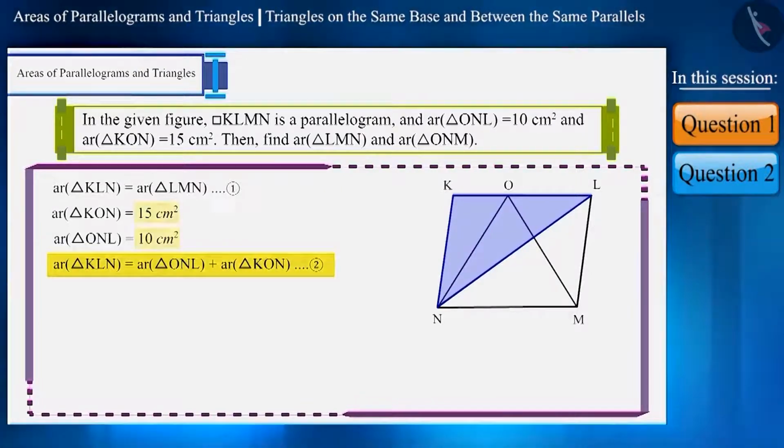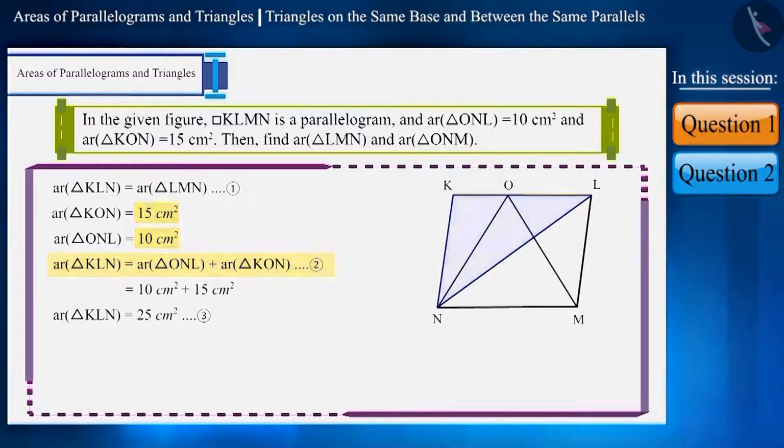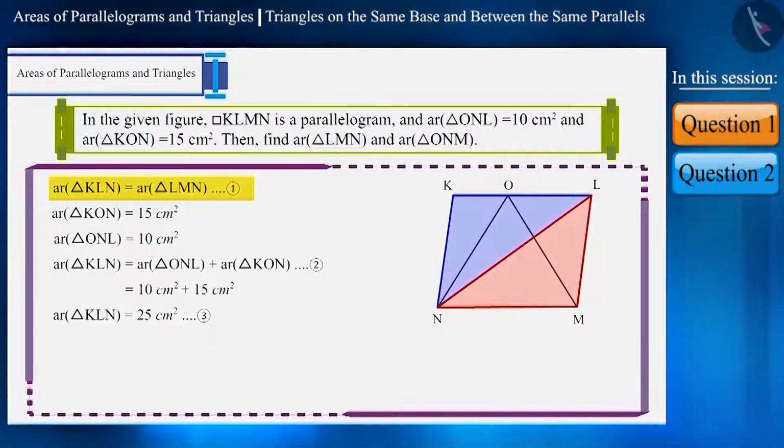Similarly, if we substitute these values, we get the area of triangle KLN as 25 square centimeters. From equation 1, we can say that the areas of triangles KLN and LMN will be equal. This means the area of triangle LMN will also be equal to 25 square centimeters.